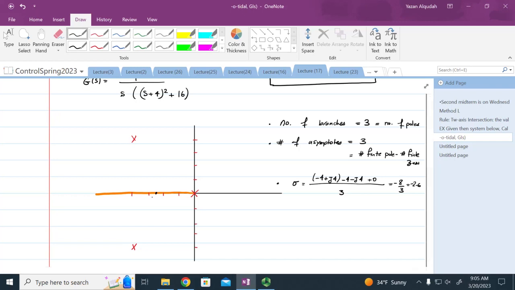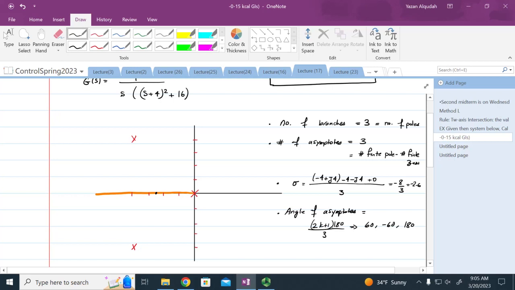What are the angles of the asymptotes? Since we have 3 asymptotes, the angles are going to equal 60, -60, and 180.